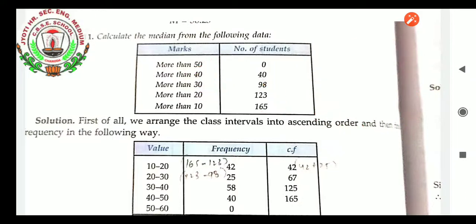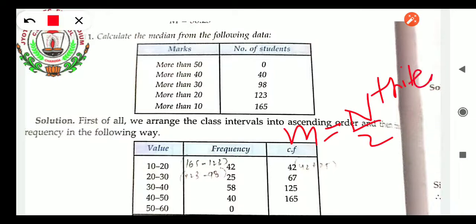Let us proceed to the median calculation. After this, as I explained how the table is got, the next formula is the same. Small m equals the size of n by 2 item we will be taking. I am not able to write it here, but you have to write size of n by 2 item. And how much came?